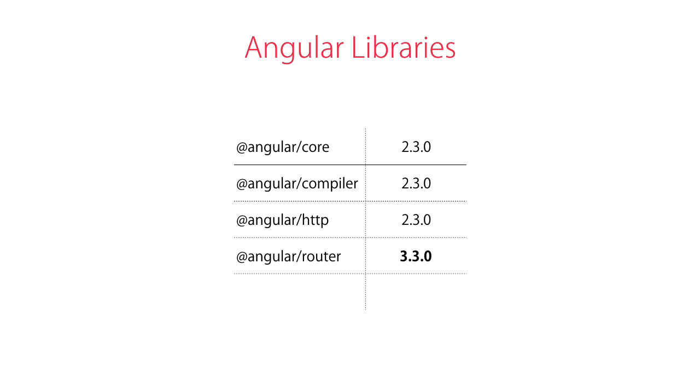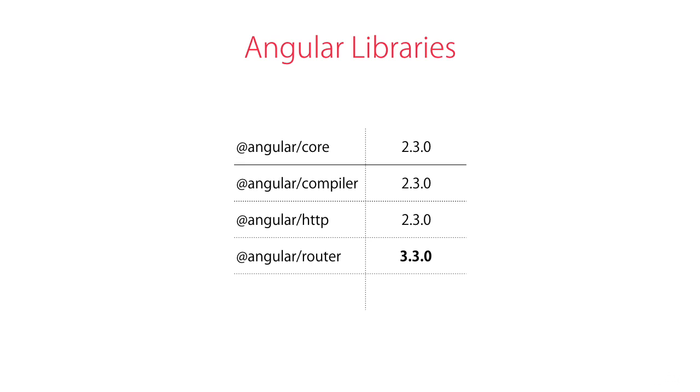So let me explain what happened. Angular consists of a few different libraries that are distributed as separate node packages via NPM. For example, we have the core library that we use in every application. We have the Angular compiler. We have Angular HTTP for calling HTTP services. We have the Angular router for adding navigation to applications and a few other libraries.